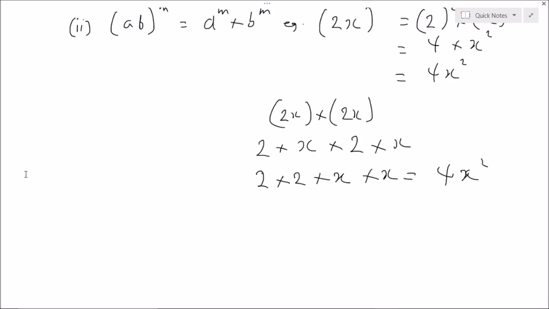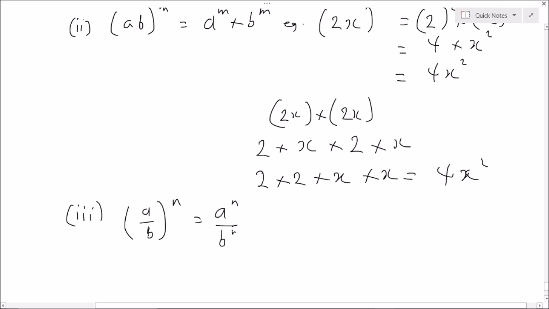Now we have a final sub rule under this rule, which deals with the quotient. That's I. Now this rule states that (a over b) exponent n is equal to a exponent n over b exponent n.